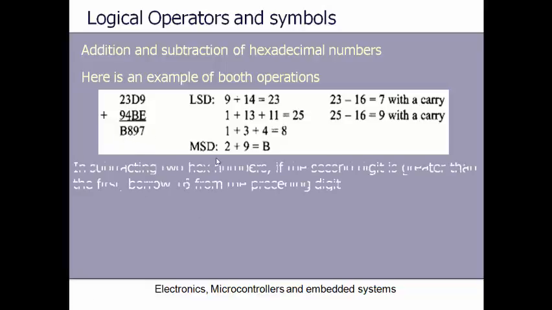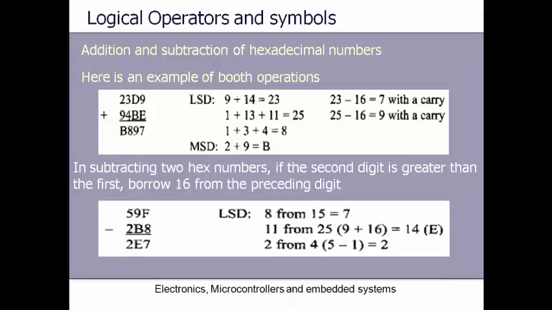Let's see about the subtraction. But in the subtraction, if the second digit is greater than the first, we will not take 1 from the next digit, but we will take 16, because it's a base 16 numeric code, as shown here.